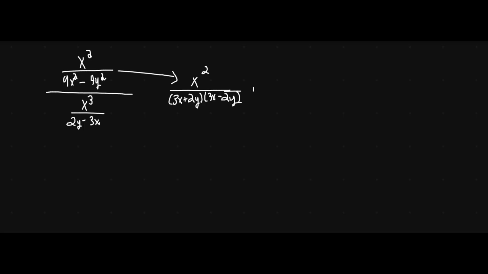Alright, and now we can just multiply, because remember I told you that division is just multiplication by the opposite. So now this one we can just take times 2y minus 3x over x3. Very simple.